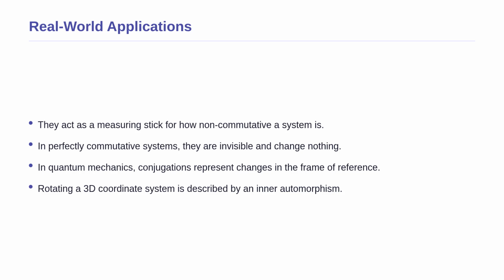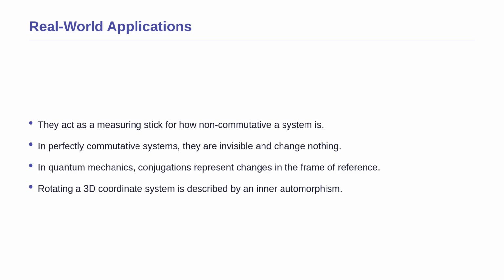This beautiful mathematical structure actually has profound implications in the real world. Why do we care about inner automorphisms? They act as a mathematical measuring stick for how non-commutative a system is. As we saw, if a system is perfectly commutative, they change nothing.